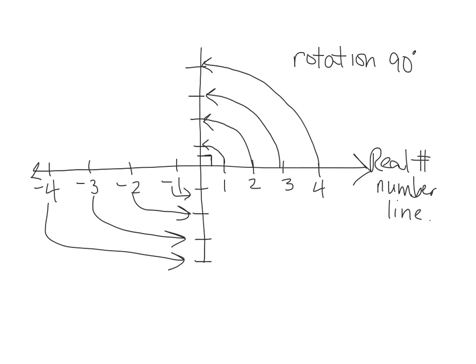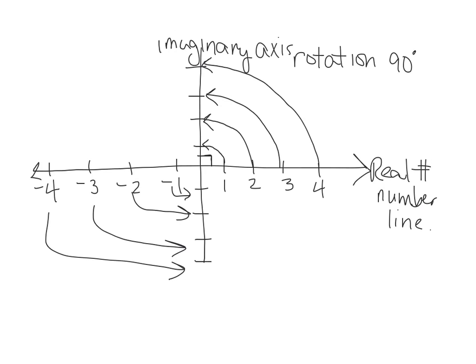Well, and I've always laughed when I teach this lesson, but since we imagined such a number could exist, let's call it the imaginary axis. The imaginary axis. So we're going to divide this imaginary axis into units, and the units are called I.